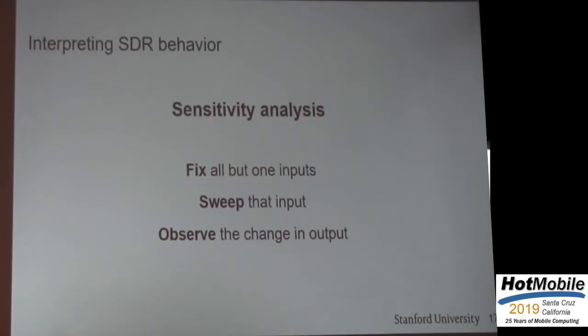Now, the next natural question to ask is, what is enabling the superior performance of these AI algorithms? To do that, we do what's called a sensitivity analysis, where we fix all but one input to the neural network and sweep that input over its range of possible values and see how the neural network responds in its control actions with respect to that change.